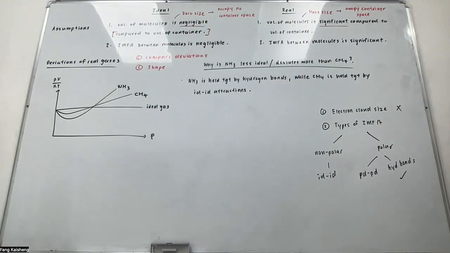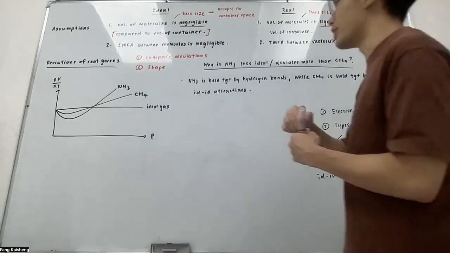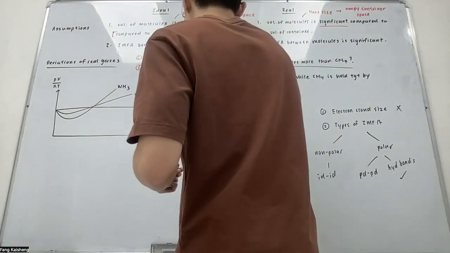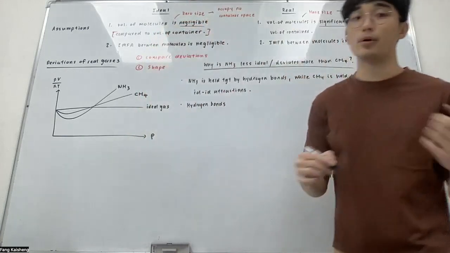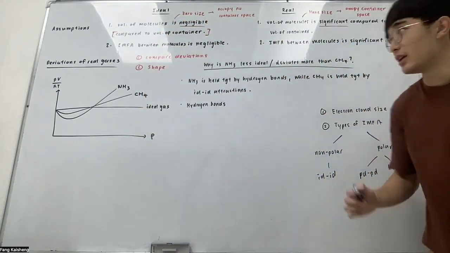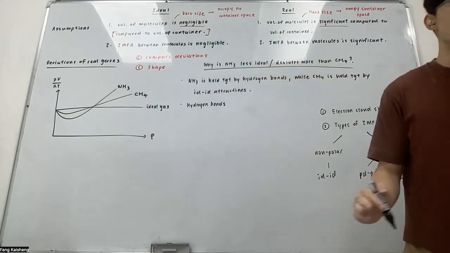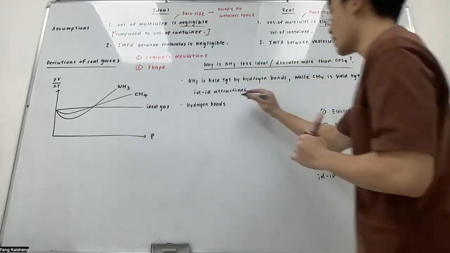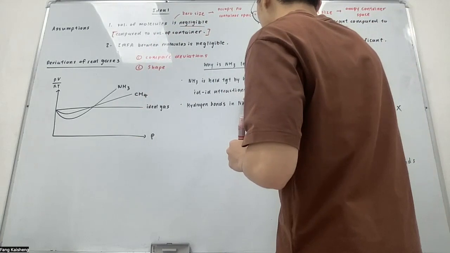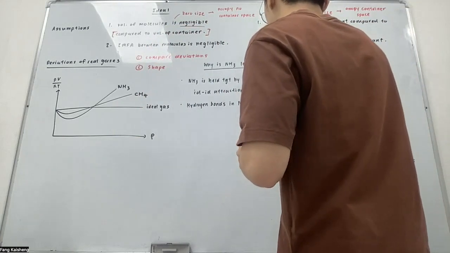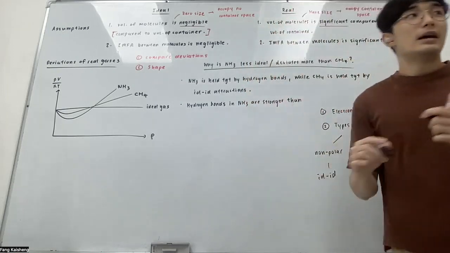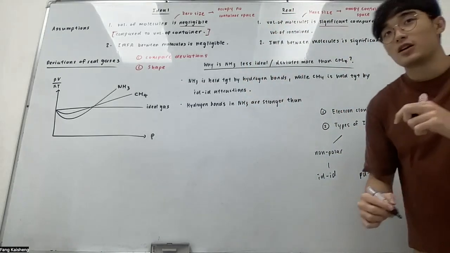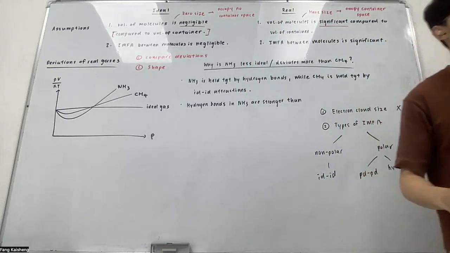So which one is stronger in this case? NH3 hydrogen bonds are stronger, right? So you just told me that hydrogen bonds are stronger, which means what? In this case, we are not explaining melting points or boiling points. We are explaining deviations from ideal behavior. So if hydrogen bonds in NH3 are stronger, that means what? Are the intermolecular forces more significant or more negligible?